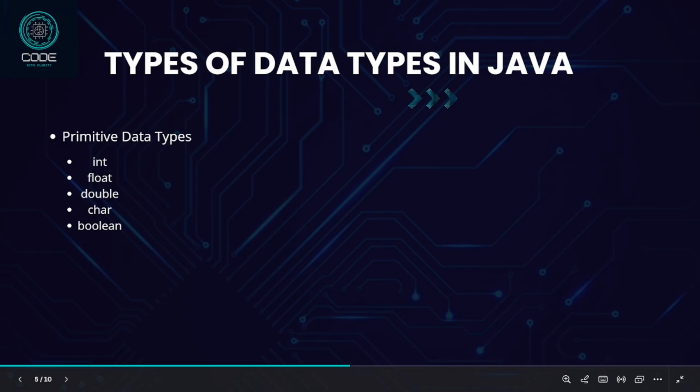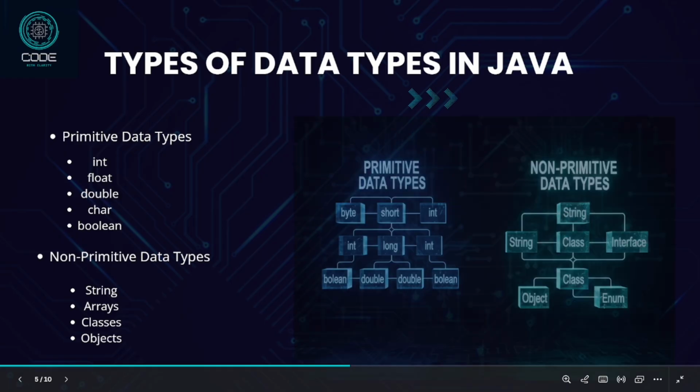Primitive data types are the basic building blocks of Java. They are simple, predefined by Java and store a single value. Primitive data types जो है वो Java में पहले ही डिफाइन किया हुआ है जो सिंगल वैल्यू स्टोर करते हैं. जैसे कि let's understand the most important primitive types. First is the integer. So int is used to store whole numbers. For example, 10, 25, minus 5, like that.